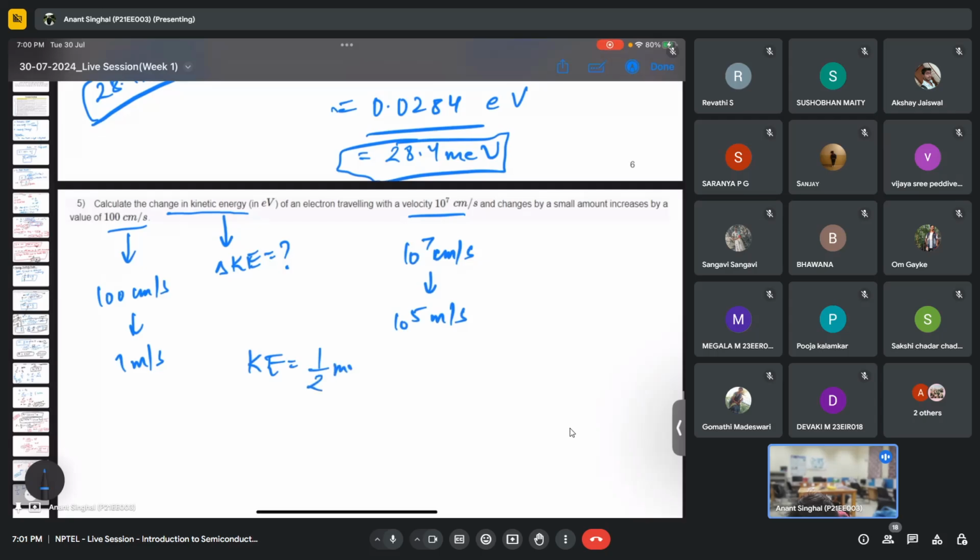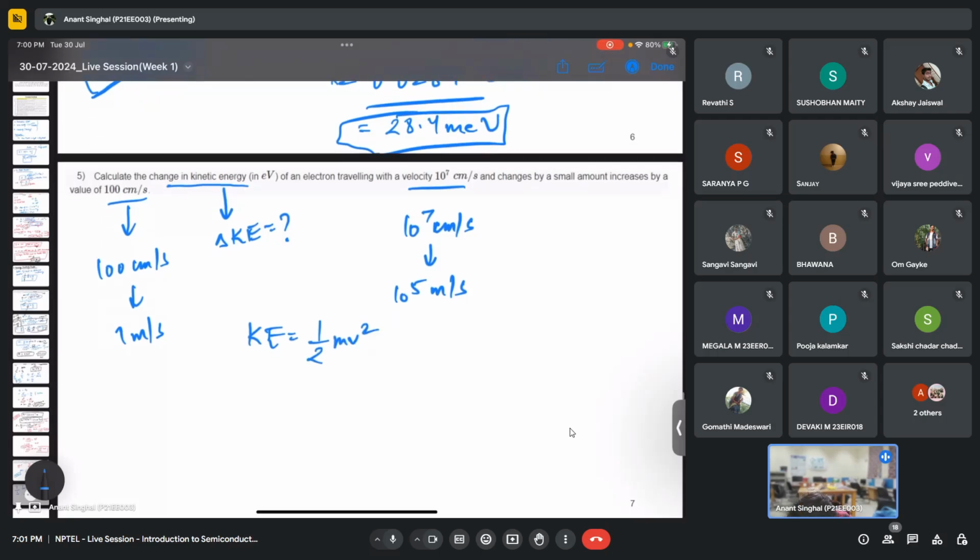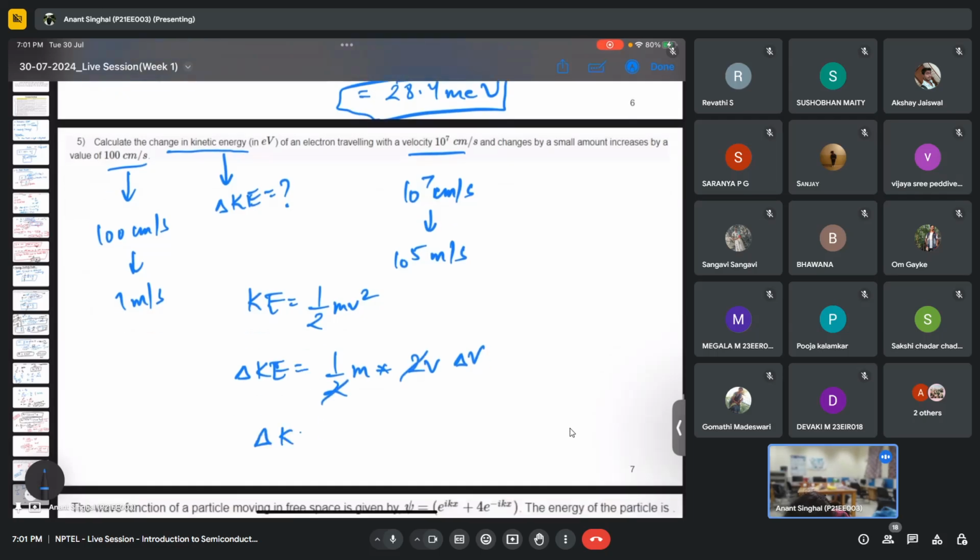So we know that this is half mv square. So there is a change in velocity. If I do the differentiation, I'll be getting the change in kinetic energy as 2v delta v. So this 2 will get cancelled. So the change in kinetic energy will be mv delta v, and we all know the things. So this is 9.1 times 10 raised to minus 31. Velocity is 10 raised to 5 meter per second, and then delta v is 1 meter per second.